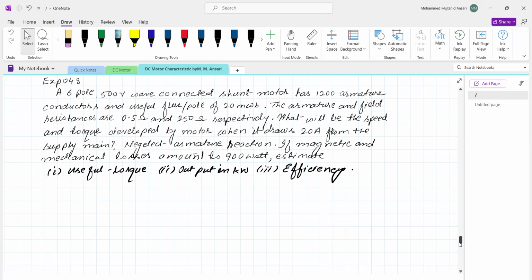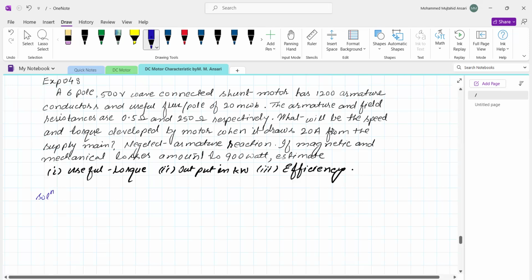What will be the speed and torque developed by the motor when it draws 20 ampere from the supply mains? Neglect armature reaction. If the magnetic and mechanical losses amount to 900 watt, estimate useful torque, output in kilowatt and efficiency. So now we will proceed with the given data.